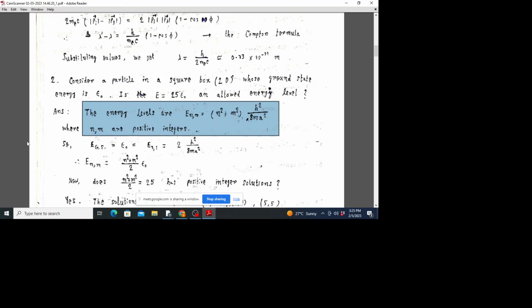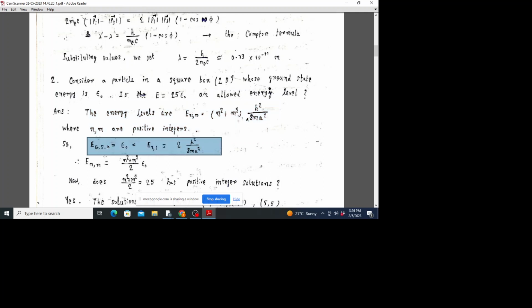Now what will happen to the ground state energy? Since n and m are positive integers, the least values they can take are 1, 1. So the ground state energy will be obtained if we substitute 1 for both n and m. The ground state energy is EGS, denoted as epsilon naught in the question, and this is equal to E1,1 that we have just discussed.